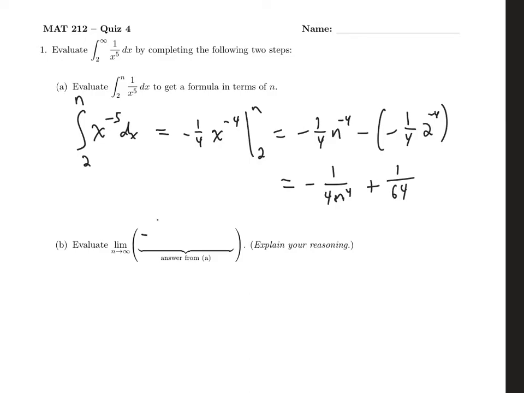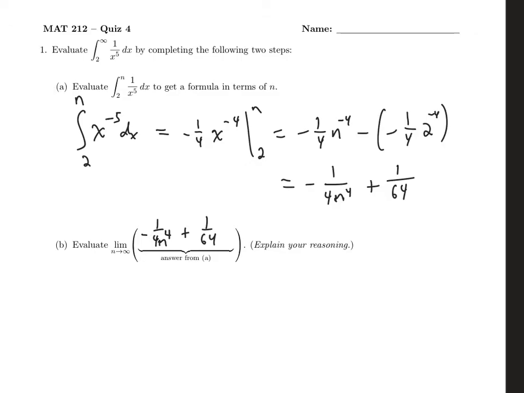So I have minus 1 over 4 n to the fourth plus 1 over 64.